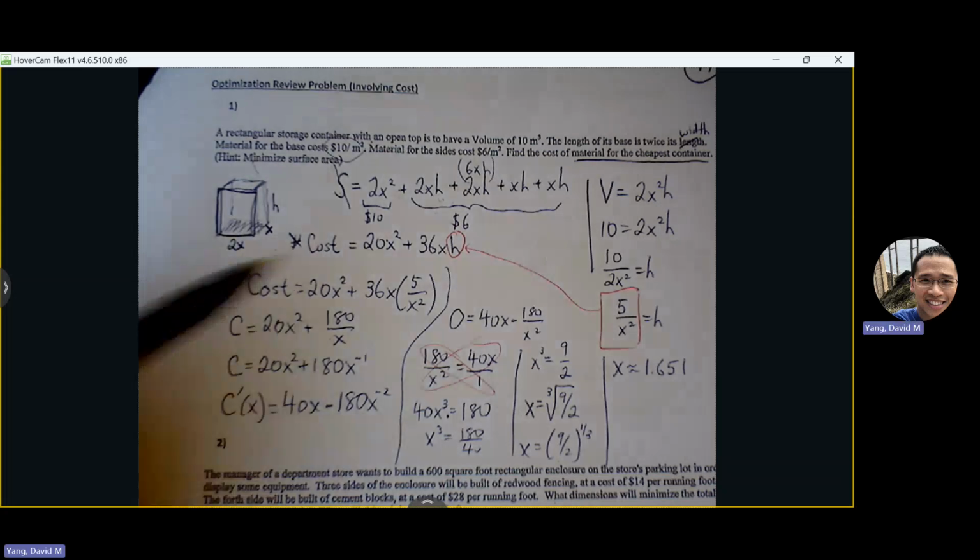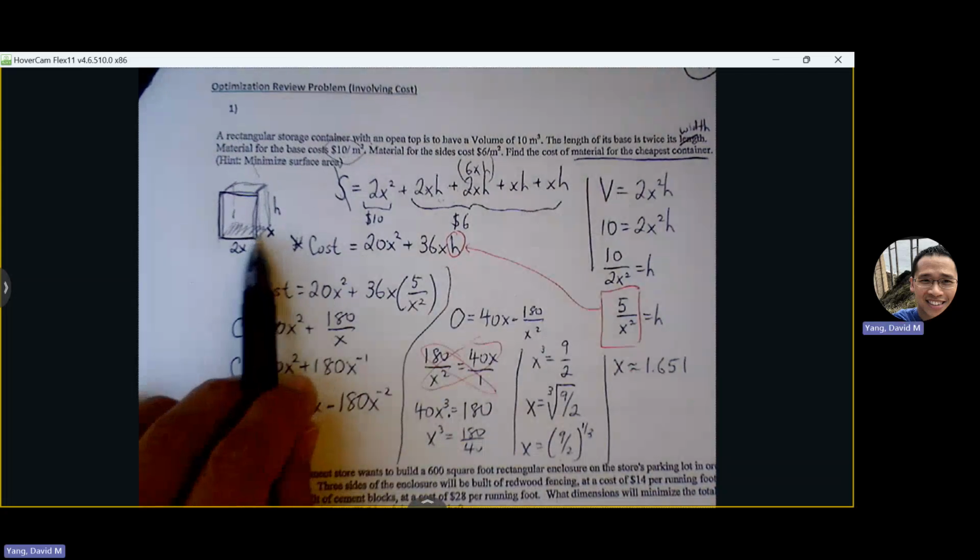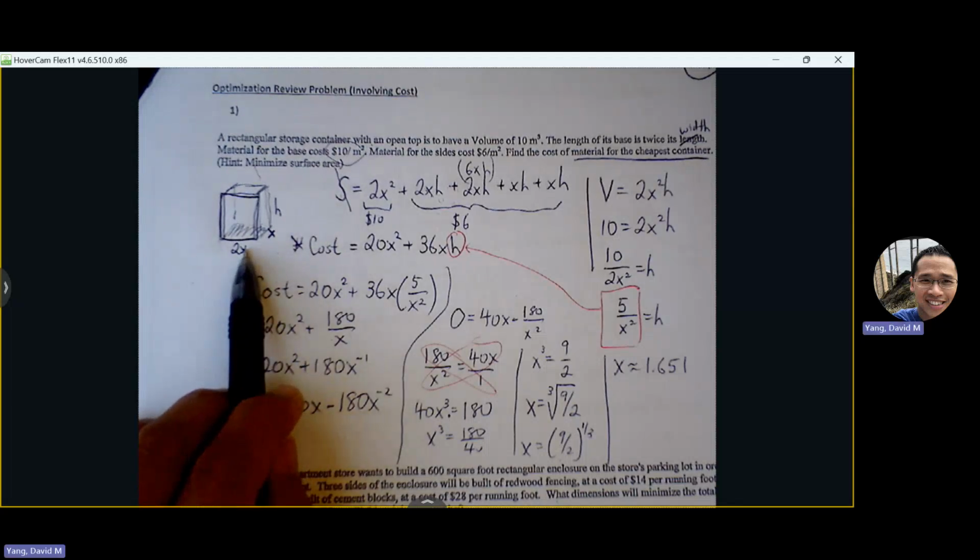But if it's asking for dimensions, then I need the width, the length, and the height. So if I want to find the length, I can just multiply 2 by 1.651.